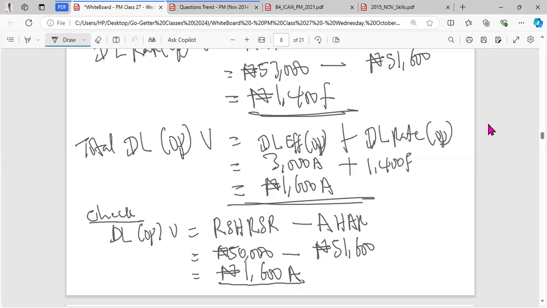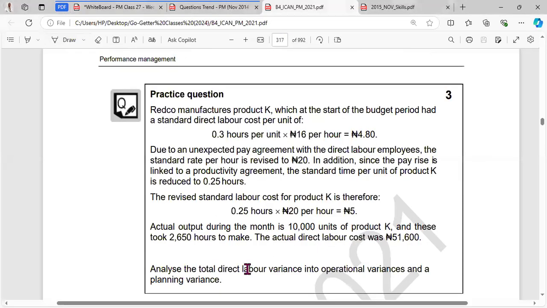Somebody is asking, I said it before, why didn't we do efficiency and rate variance for planning? We can do that, but it is not needed. The question says analyze the total direct labor variance into operational variances, this is plural, and a planning variance, just one.